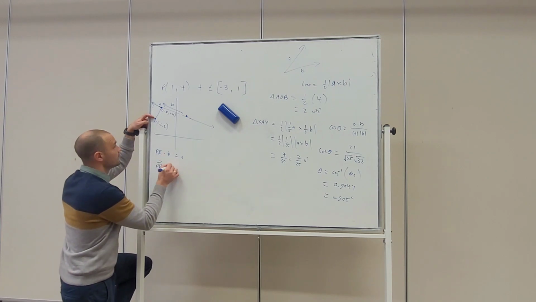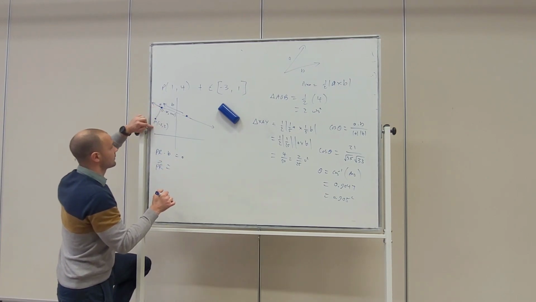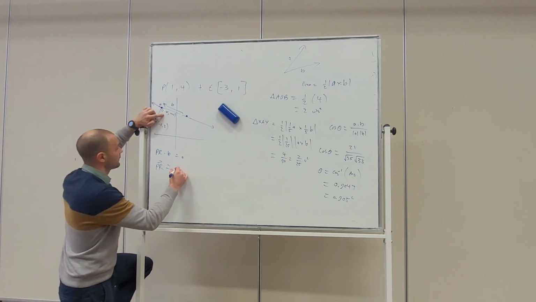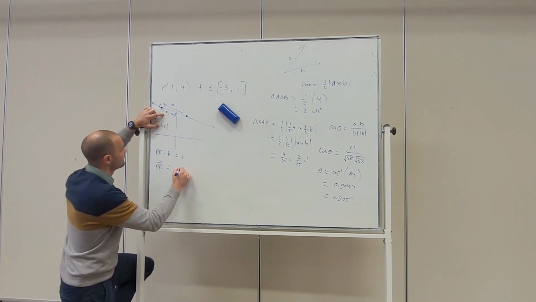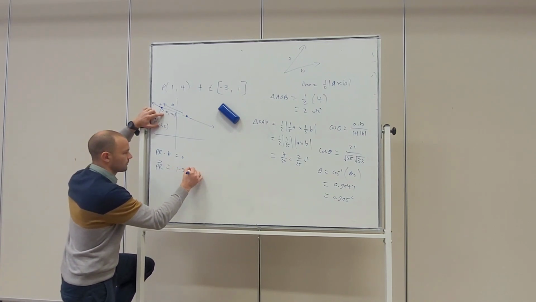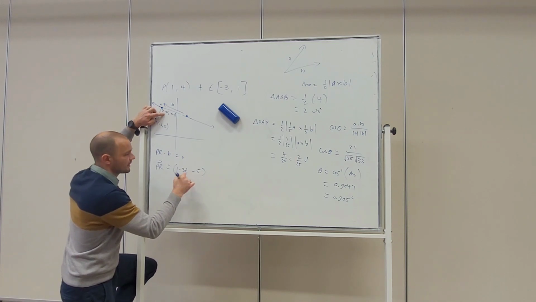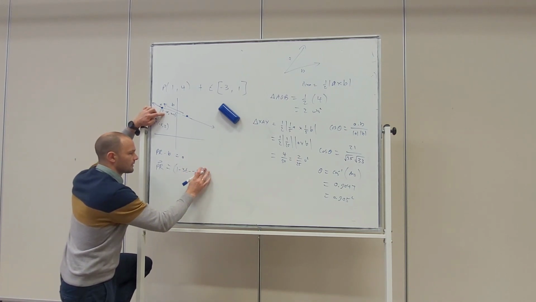Vector PR. So it's going to be the coordinates of R take the coordinates of P. So we'll have 1 take 3t, take -5. Write it out slowly. The x, so vector from P to R, coordinates of R, 1 take 3t, take -5. There we go. That's the x.